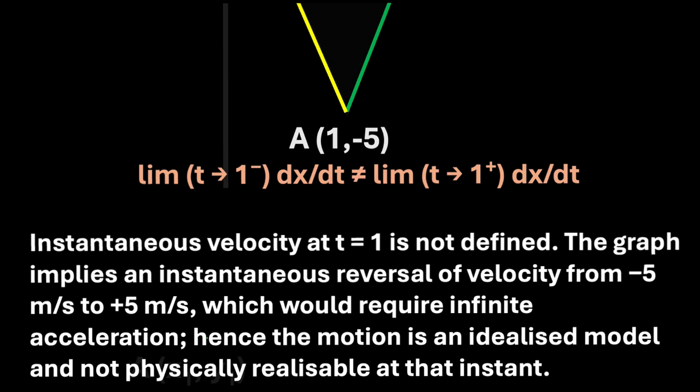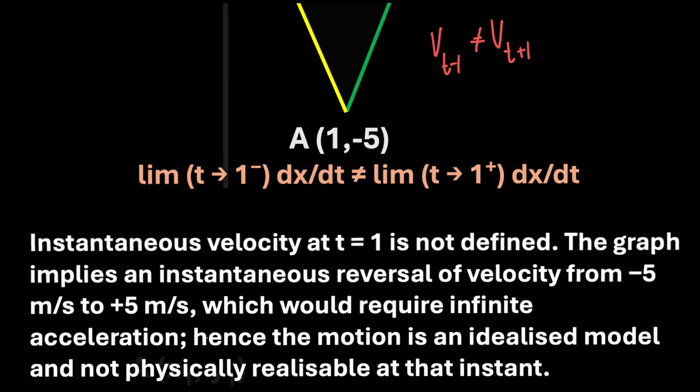What does this mean? This means that at the point A, having coordinate 1 comma minus 5, the limit as t tends to 1 minus of dx by dt, which is the velocity, is not equal to the limit as t tends to 1 plus of dx by dt. Or in other words, velocity at t minus 1 is not equal to velocity at t plus 1 for a very small instant.